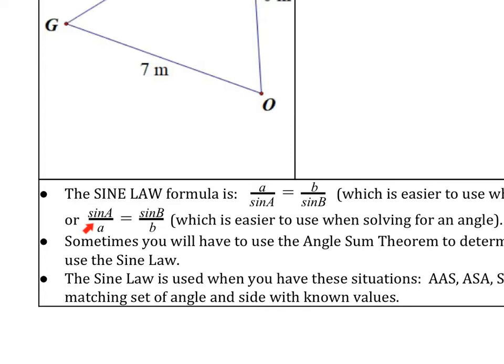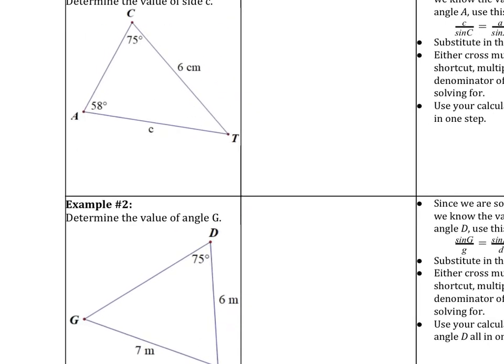To make your calculations easier, remember that whatever you're solving for, if it's a side, your sides are going to be up at the top, and if it's an angle, your angles are going to be up at the top. The other thing you need to remember is that sides are labeled with lowercase letters and angles are labeled with uppercase letters. We'll show you how this looks in an example.